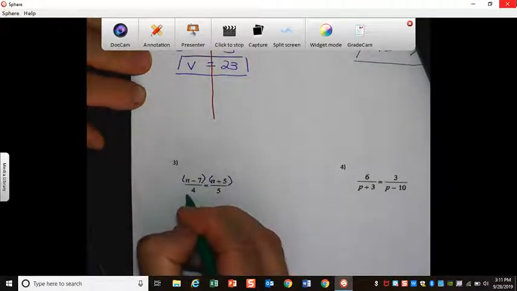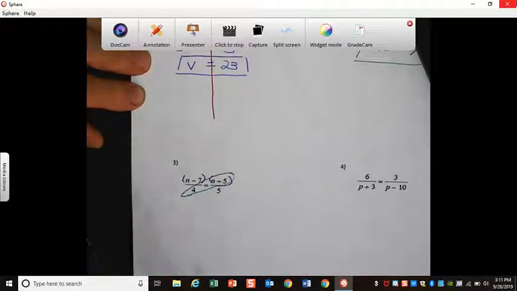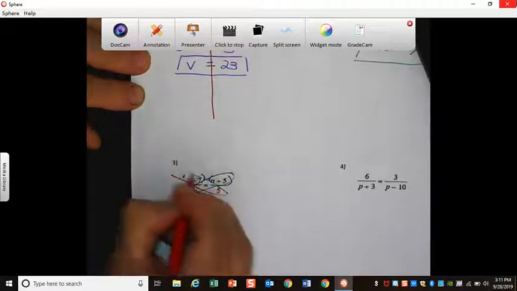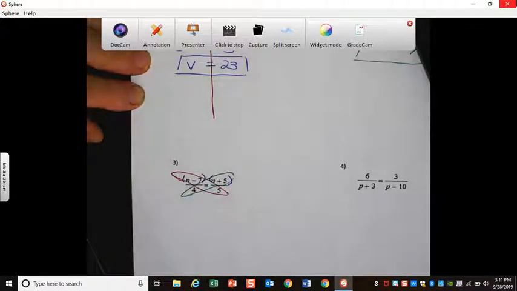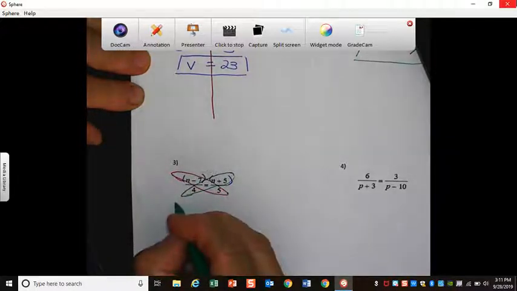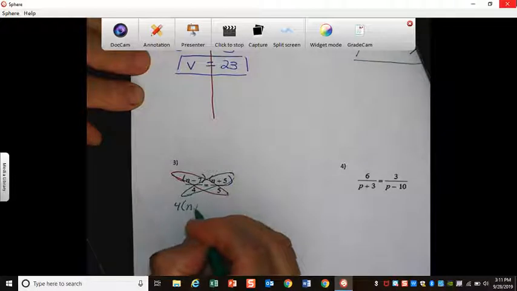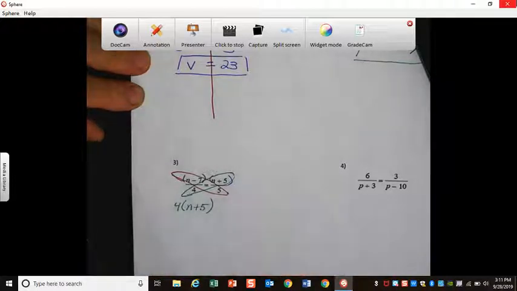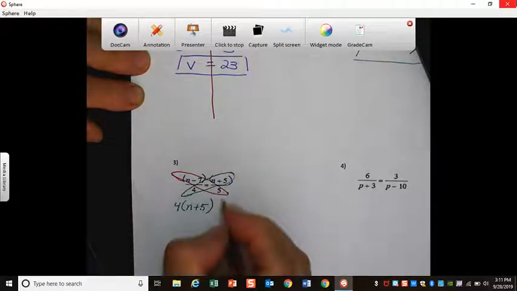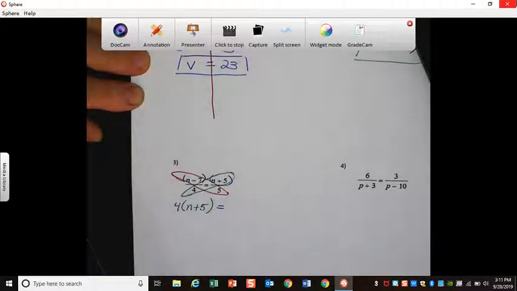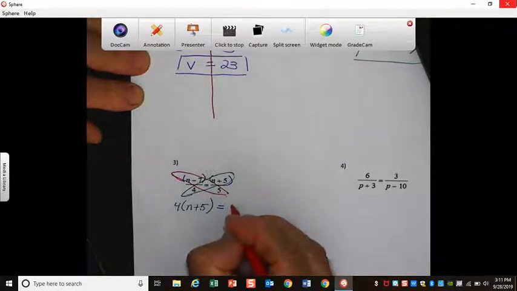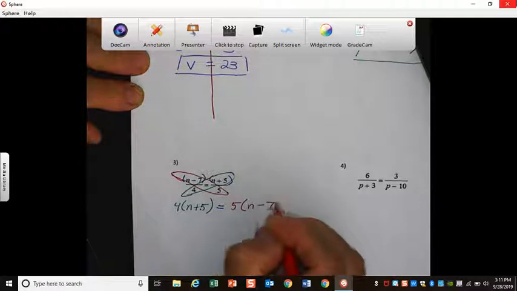I'm going to butterfly 4 and n plus 5, and then 5 and n minus 7. So you're going to do 4 times n plus 5. That's one butterfly wing. The equal sign does not go away, and then you have 5 times n minus 7.